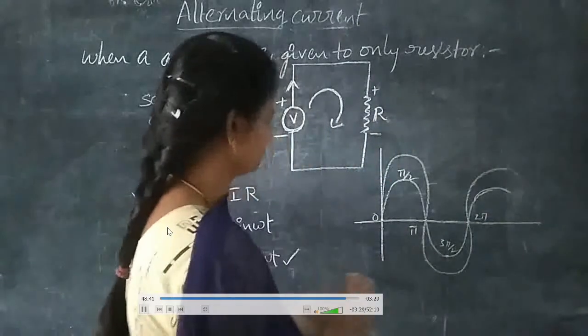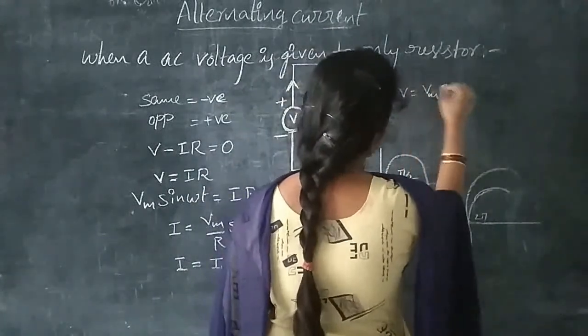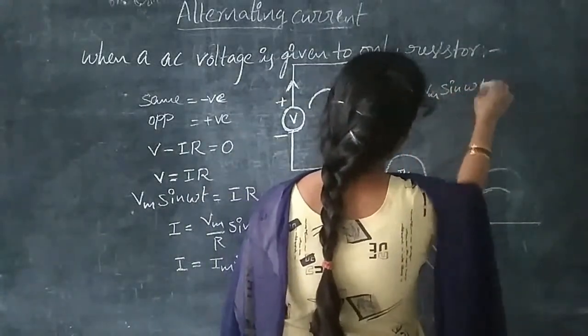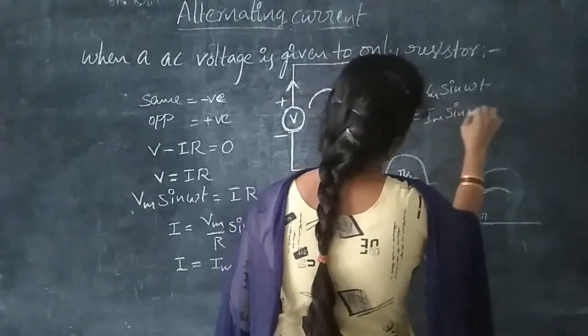We know that V is equal to Vm sin omega t, and I is equal to Im sin omega t.